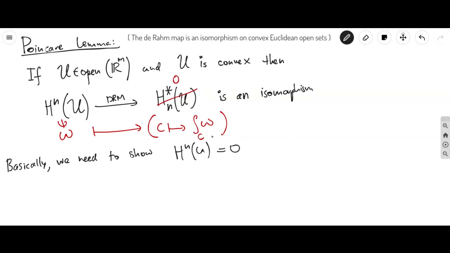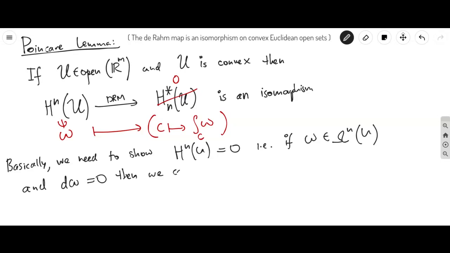Now, what does that mean? It means, i.e., if omega is an n-form defined on U, and its derivative is 0, right? Because it's in the cohomology, its derivative is 0, then we can find a form of one lower dimension with its derivative being equal to omega, right?